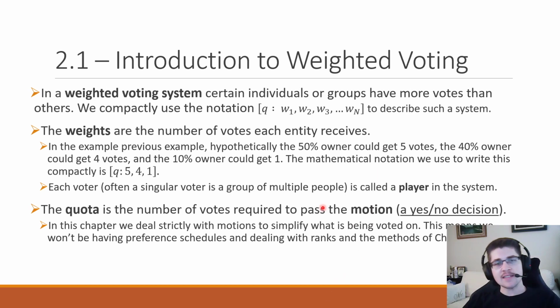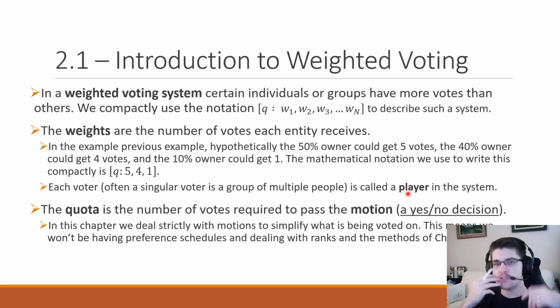We refer to such situations as weighted voting systems, where the weights are the number of votes each player or each group gets. I've mentioned the term player, and the players in Chapter 2 are just referencing each of the voters in the situation. Since those voters are often groups, like in the ownership of a company, it's not necessarily just individuals that own parts of it, but entire conglomerates.